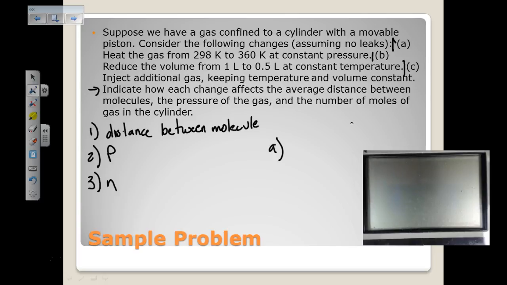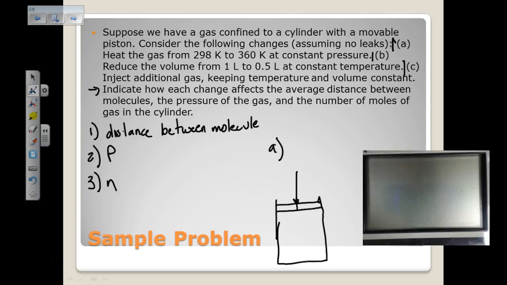It says we have a piston. So I guess before we do this, we better describe what a piston is. A piston is a cylinder that's got a cap on the inside of it, and then that cap can be pushed up and down. This is what happens in an engine. This is how you turn chemical energy into mechanical energy: the piston goes up and down based on what's happening inside here.